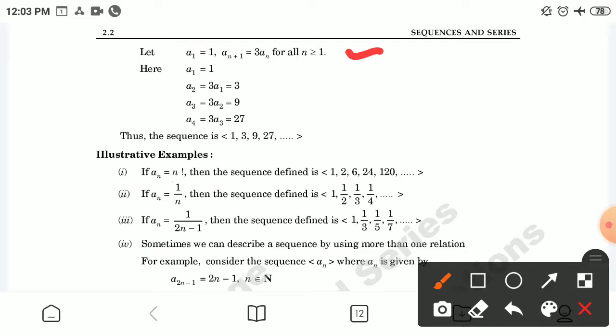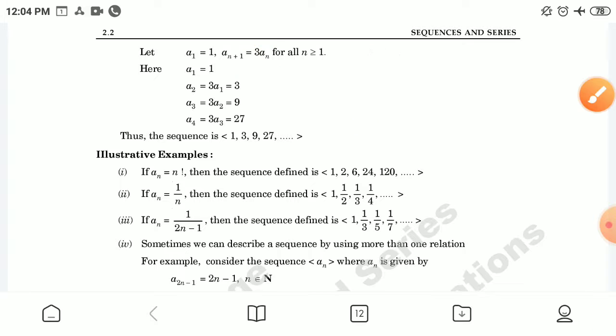Here a1 is equal to 1 given, and when we put n equal to 1, 2, 3, and so on into this relation, then a2 becomes 3, a3 becomes 9, a4 becomes 27. The sequence therefore becomes 1, 3, 9, 27.